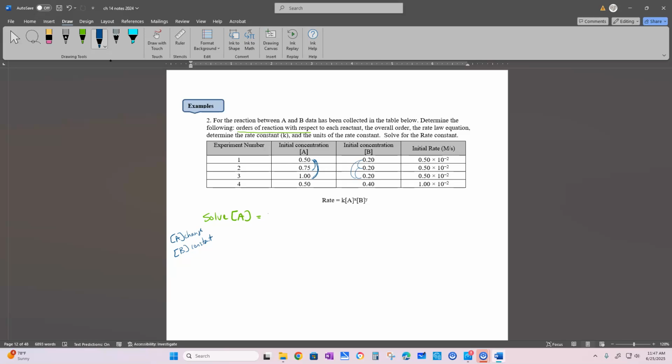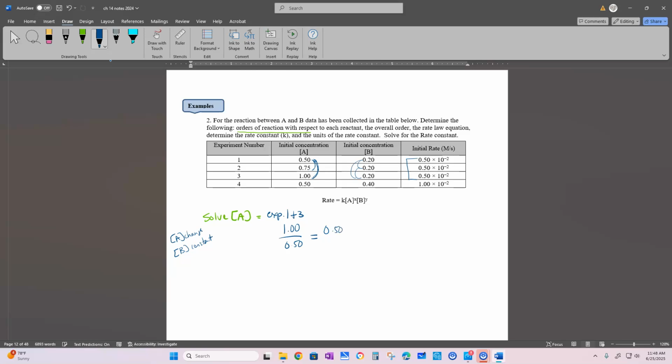So I'm going to say using experiments 1 and 3. Could you pick experiments 1 and 2? Yes, you could. I like to pick experiments that make nice even numbers so I can actually see if it doubled or tripled. So my concentration, 1.00 over 0.5 equals, now I've got to come over here to the rate. Well, look at that. The rate didn't change.